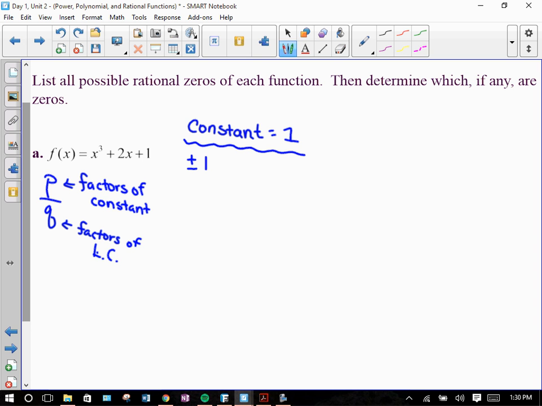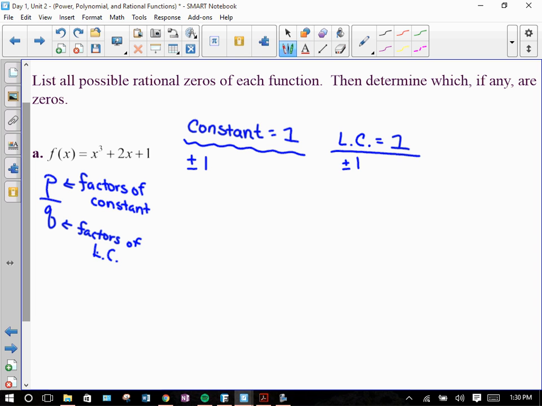Now, we also need to figure out the factors of our leading coefficient. What is our leading coefficient? 1. So the factors of our leading coefficient are plus or minus 1. So this is a little bit easy.